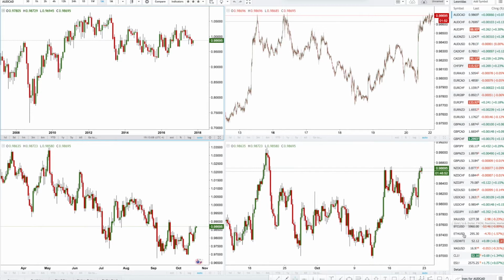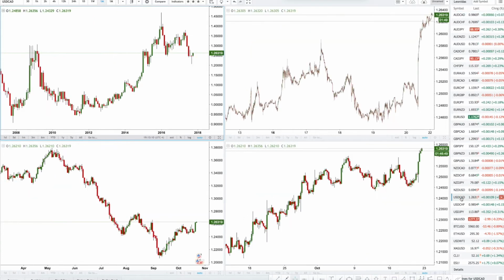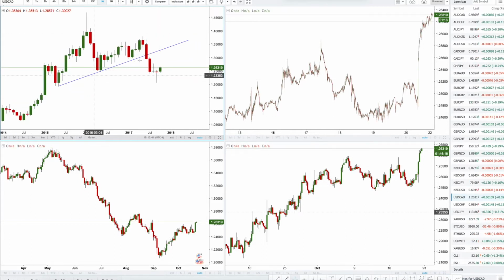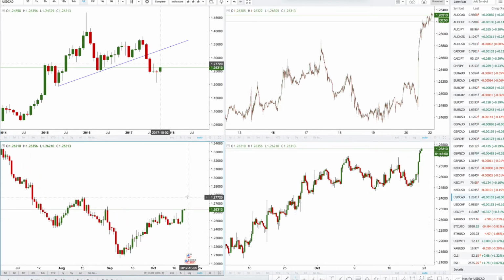Okay. Let's look at UCAD. So we're looking for UCAD to go up, and it's already going up. So we can start identifying some entry points here, and this broken trend line becomes a target. We have this doji here last month, so we also have this trend line going up.